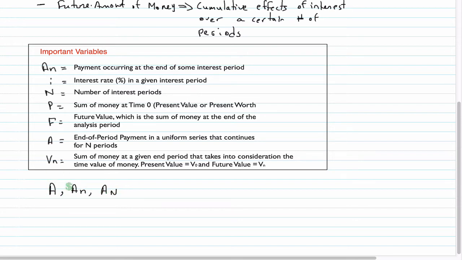So what is a? A is over here, and A is basically the end of period payment in a uniform series that continues for n periods. What does that mean? So basically, end of period payment.